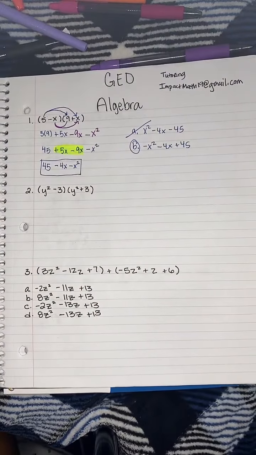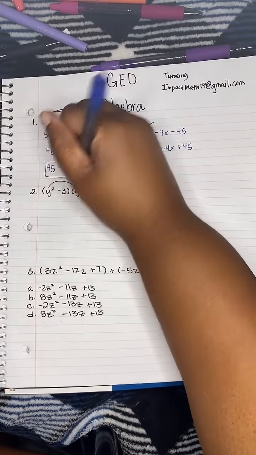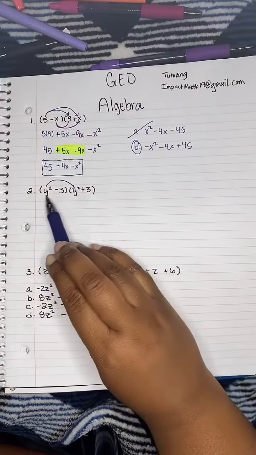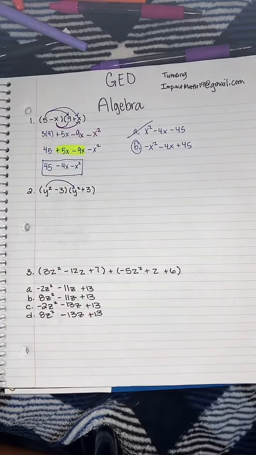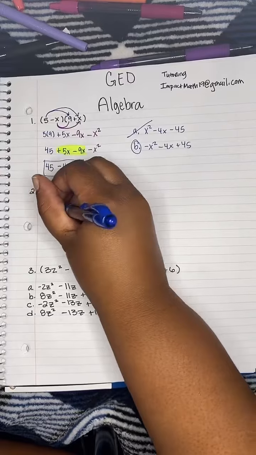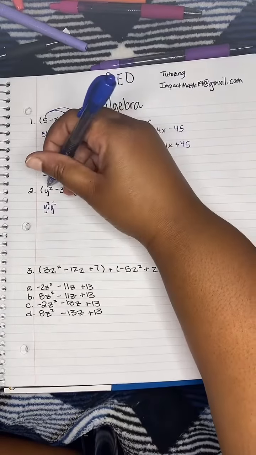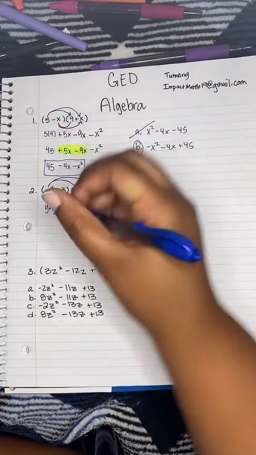So let's look at number 2. I'm just going to distribute. Remember, distribute means multiply. So y squared times y squared. I'm going to write out each step. So we're doing y squared times y squared, and then y squared times 3.